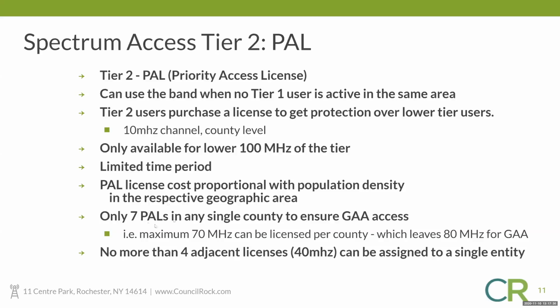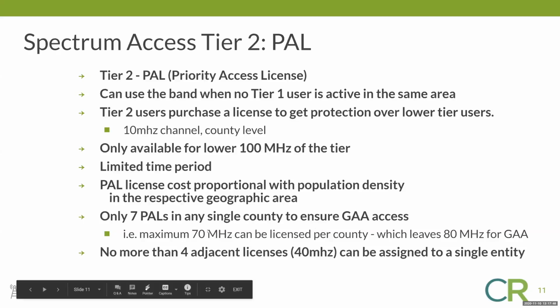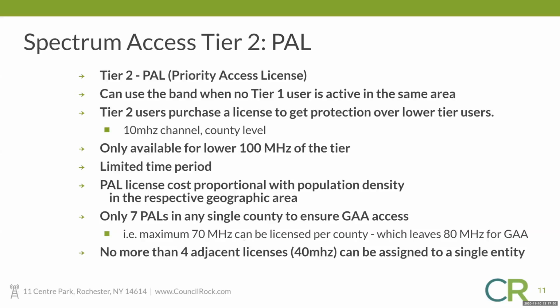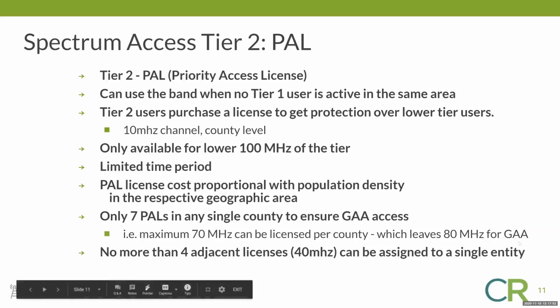Only 7 PALs for every single county can be allocated. So that means that for every county, there will be 70 megahertz that can be used by a tier 2 user, and there will be 80 megahertz left for a GAA operator.